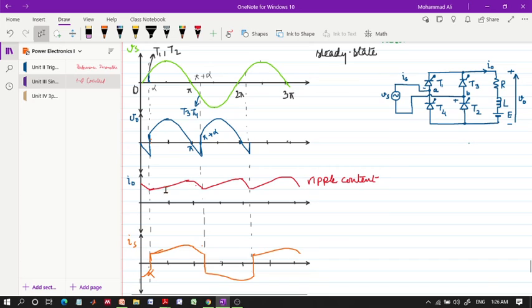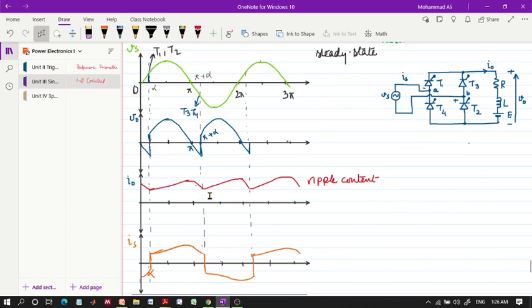Now understanding these waveforms and the input side waveforms is rather typical, and there is a lot of ripple content over here. The parameters we have already studied earlier are going to be difficult to calculate.